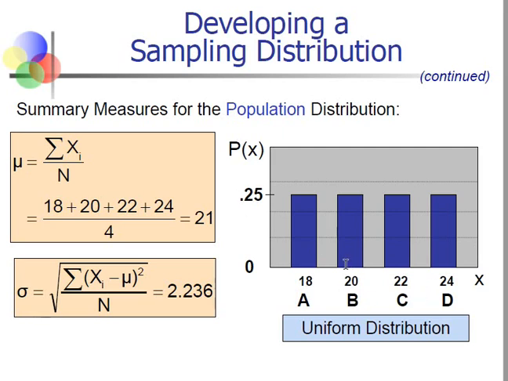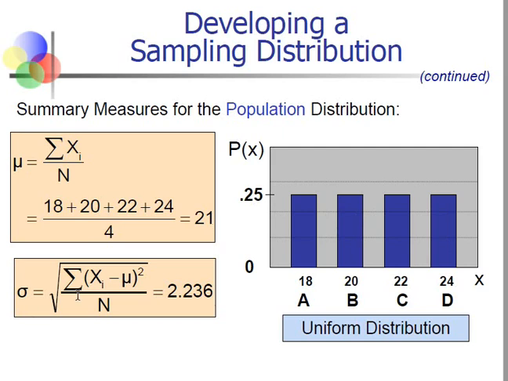All of these have the same probability, because we have just 1 individual who is 18, 1 who is 20, 1 who is 22, and 1 who is 24. We obtain a uniform distribution, which is the same everywhere. So let's take note of our mean, 21, and our standard deviation, 2.236, when we're using the population.